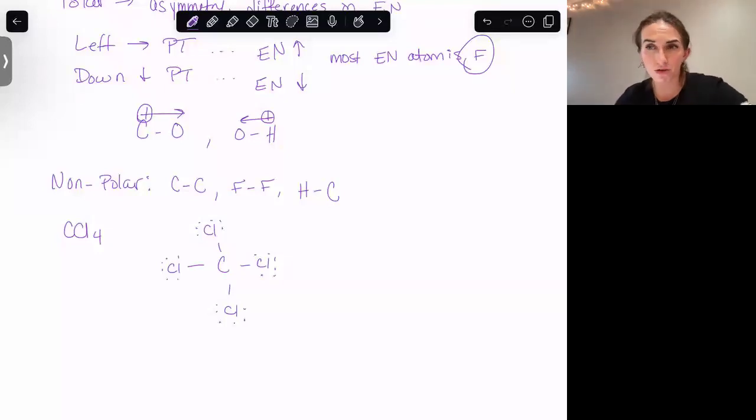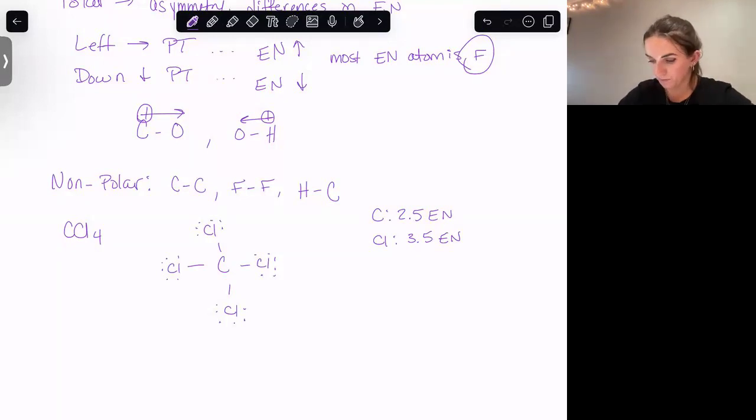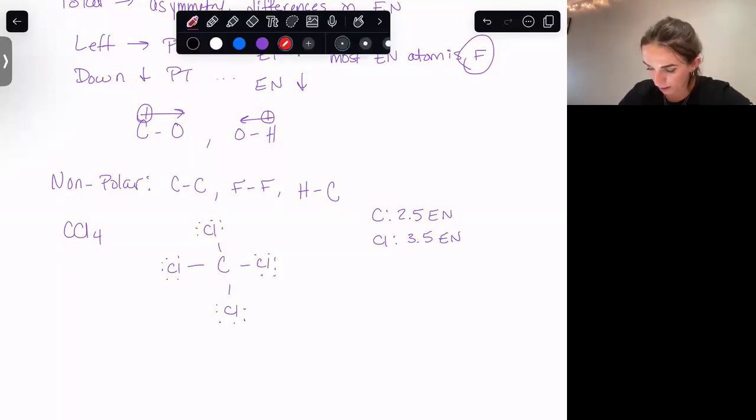Do we have polar bonds with carbon tetrachloride? Carbon is 2.5 electronegativity and chlorine is 3.5 electronegativity. Do we have polar bonds across carbon and chlorine? Yes, we do. And these all point out towards the chlorine.